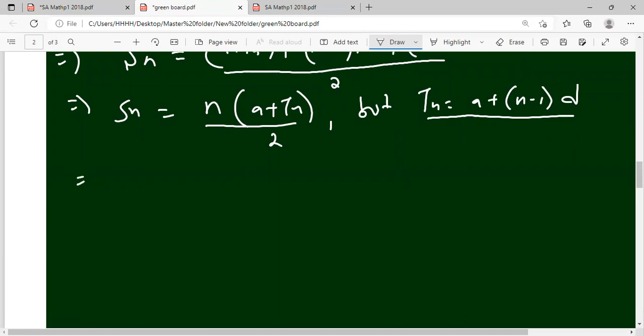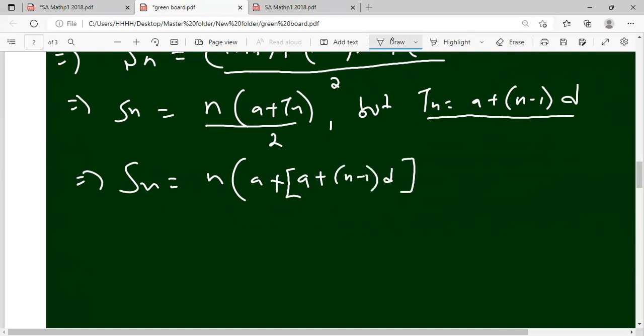So what that means is that Sn is equal to n, open bracket, A plus A plus n minus 1 d, everything divided by 2.